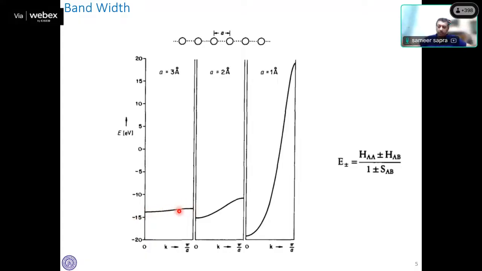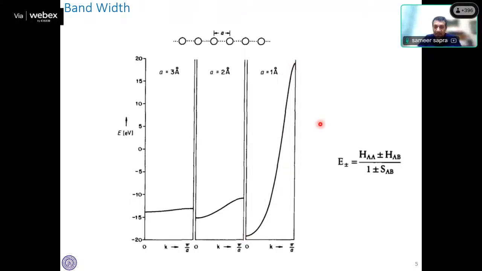that is low when your atoms are far apart. Of course they are not interacting, so why should there be a dispersion? As the atoms come closer, at 2 angstrom, this dispersion increases. As they come even closer, at 1 angstrom, which is very close actually, this dispersion is really, really high.